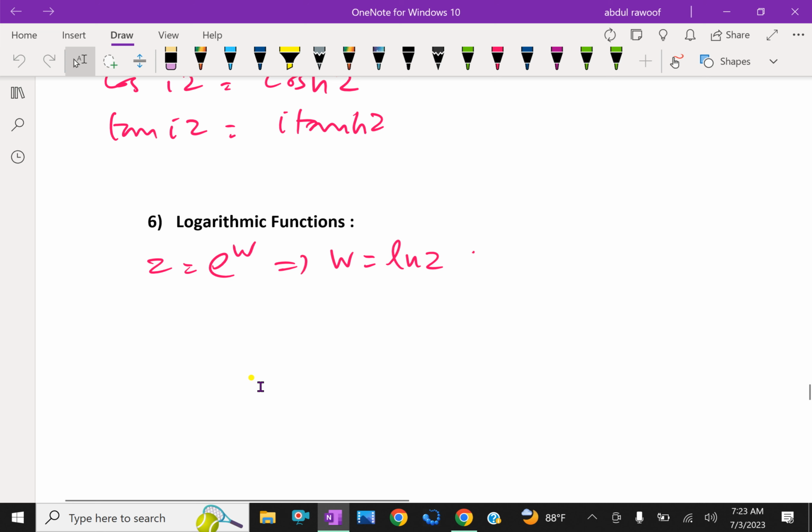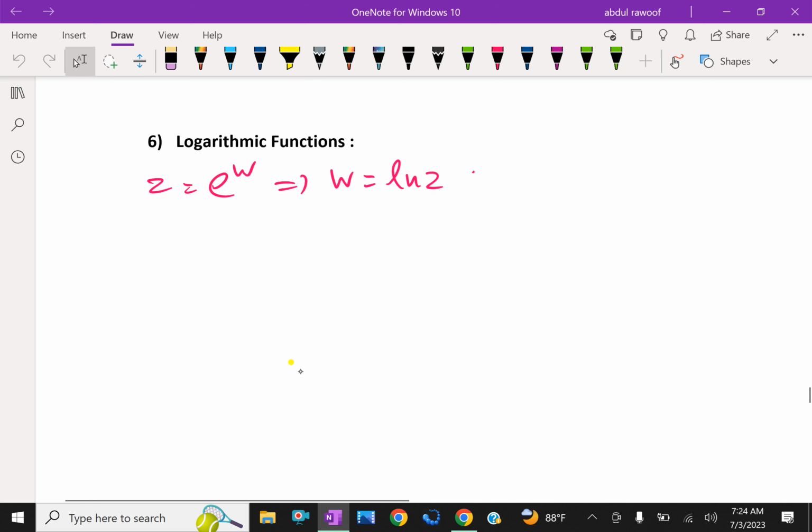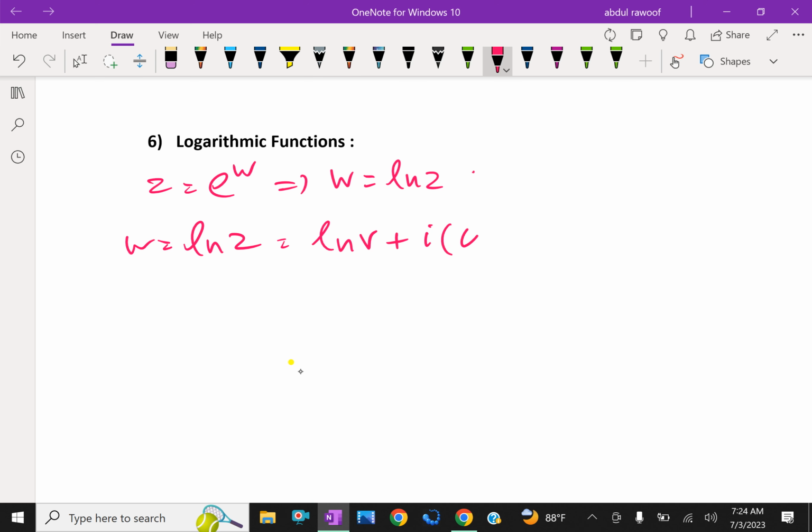Thus, the natural logarithm function is the inverse of the exponential function and can be defined as w equals ln z, which is equal to ln r plus i of theta plus 2k pi, where k is an integer.